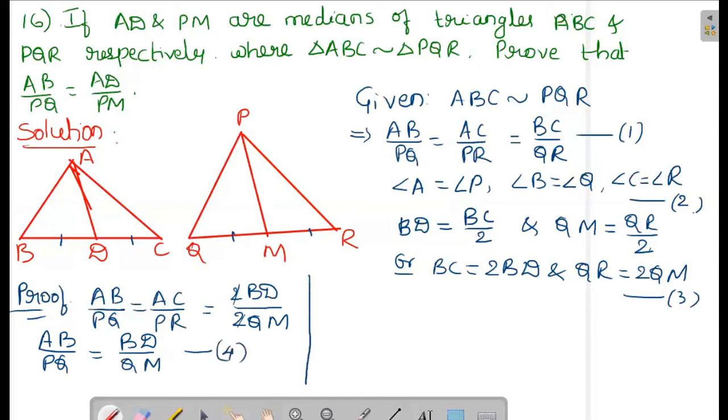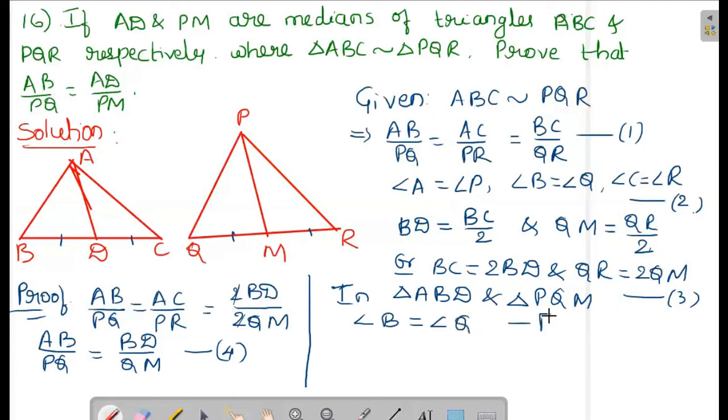Now we have to prove AB by PQ is equal to AD by PM. So these two triangles are similar, that we have to prove. That is, triangle ABD is similar to triangle PQM. In triangle ABD and triangle PQM, angle B is equal to angle Q, from 2.